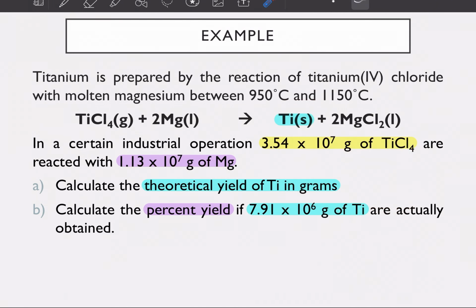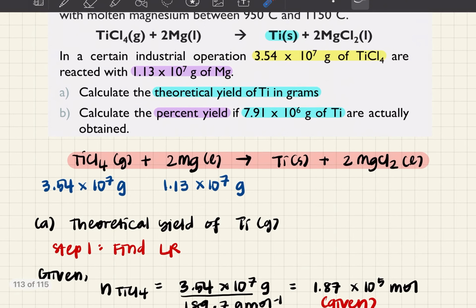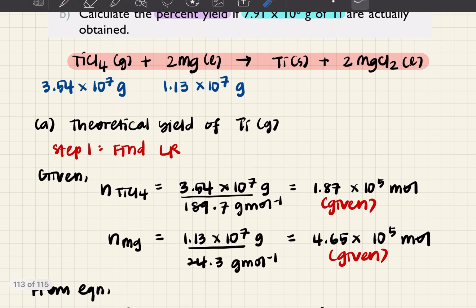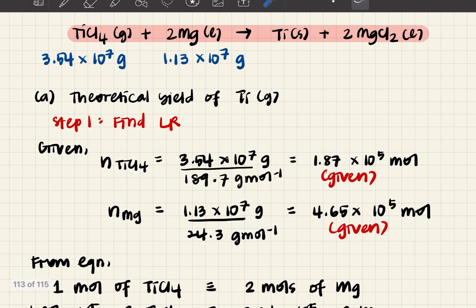Alright, so dari situ awak boleh lah cari the theoretical yield atau basically the mass of titanium in grams. Okay, titanium. Okay, so actually what happens here is the first part is you want to find the limiting reactant lah. So I will just go through this briefly.